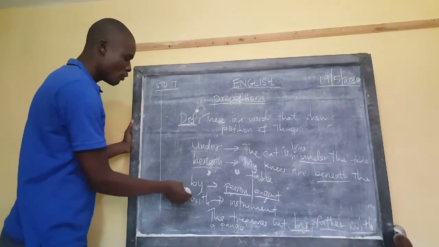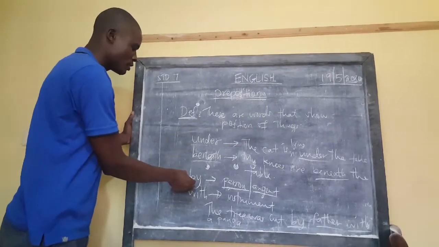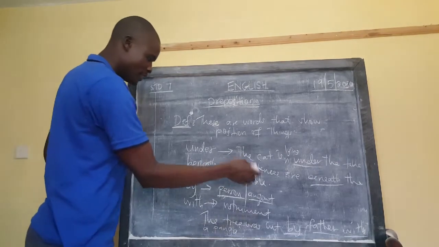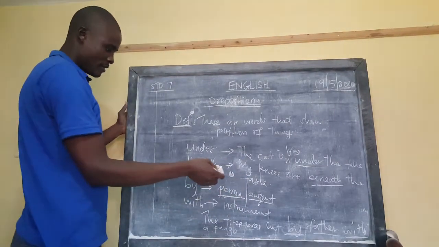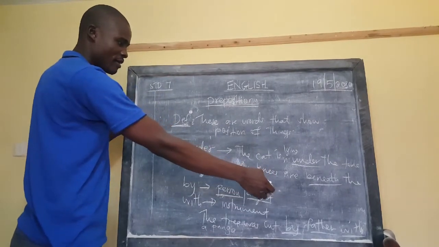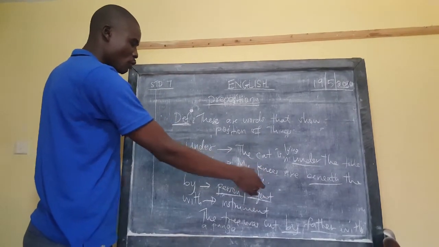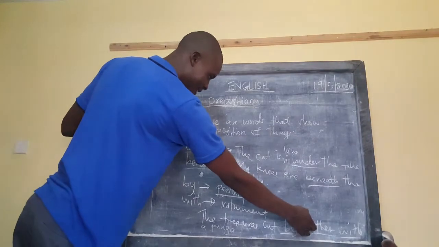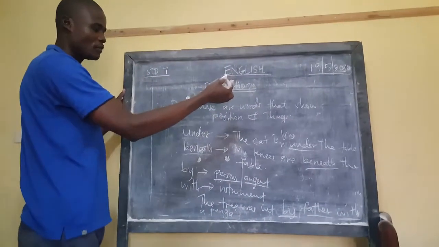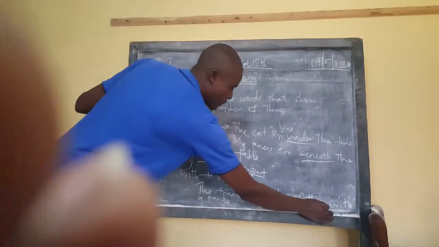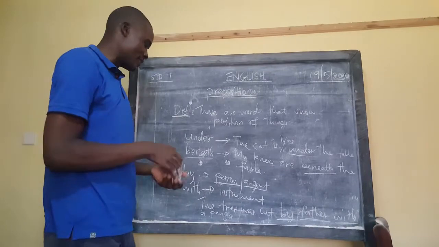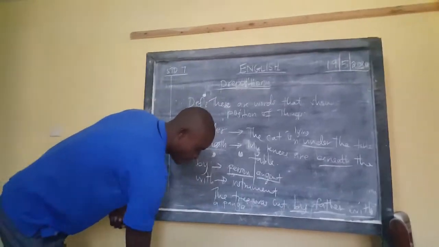So we don't say the chalk was written by the teacher, but written by the teacher with a piece of chalk. We use a piece of chalk to write. So we talk of with for the instrument, and then by for the agent, that is the teacher or the farmer in that particular case. So much for that.